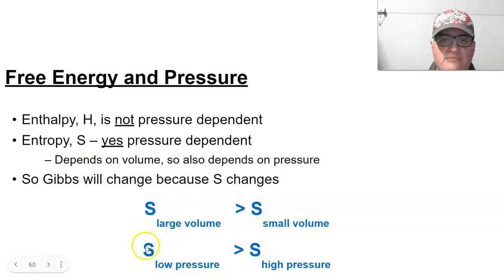Again, I don't expect them to have calculations based off of these, but this is a great follow-up question to a Gibbs free energy question on a free response, talking about what would be expected to occur. A good example could be combustion, right?